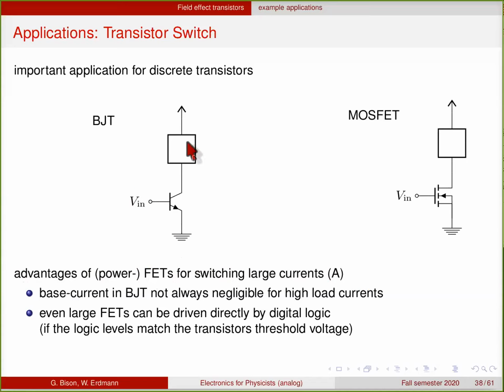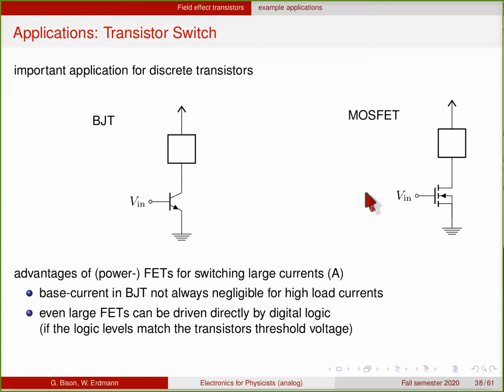So if you want to turn on some device here that is connected to the positive rail, you have to bring up the base, and there can be a significant current that flows into this base, and your driver must be able to deliver this current. While on this side, you can just turn it on without delivering any current to the gate, except when you turn it on, you have to charge the gate here.